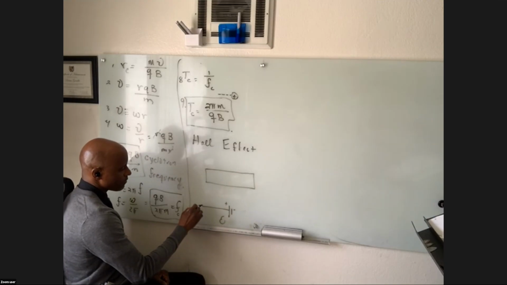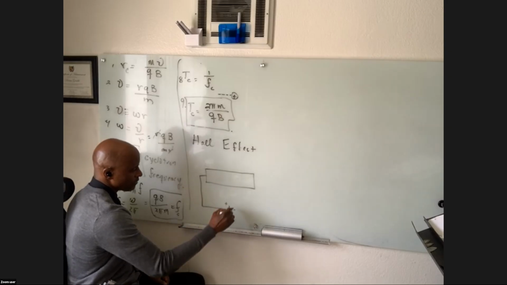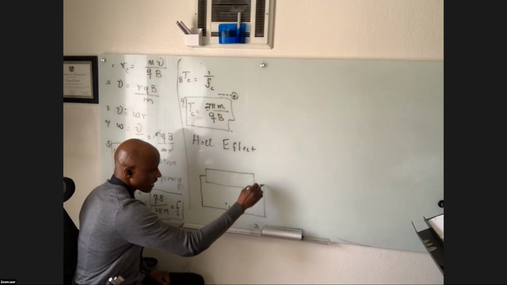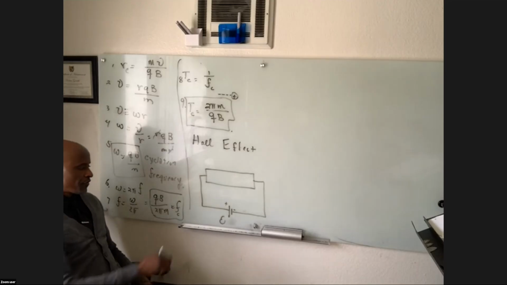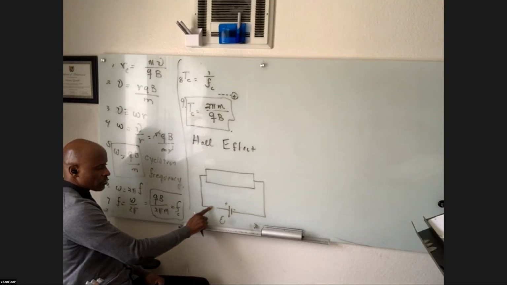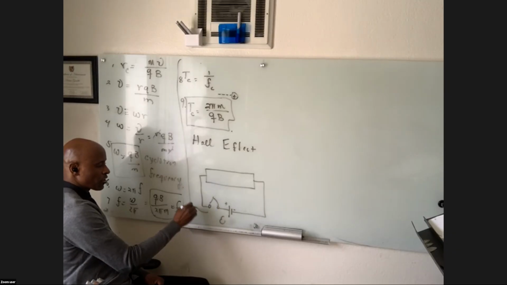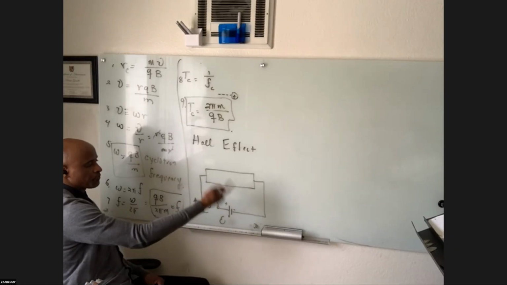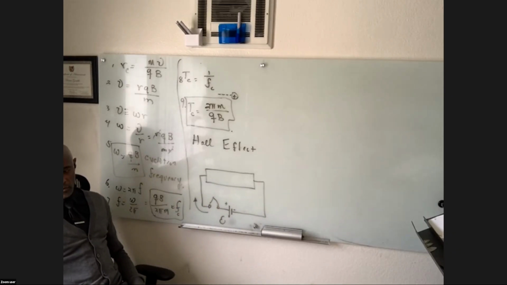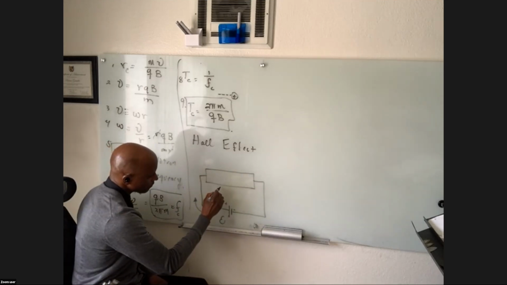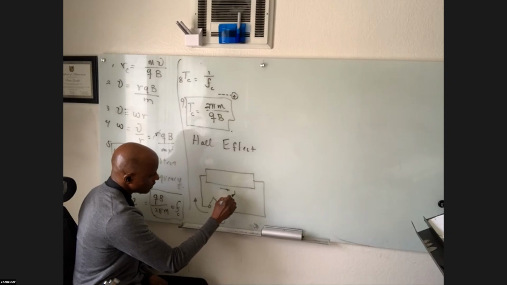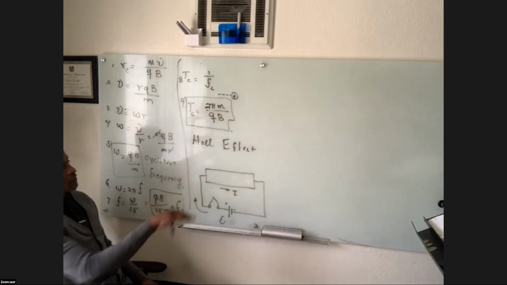I'm going to connect that battery to my piece of metal so that I can cause current to flow through my metal. So when I close the switch, I'm going to cause current to flow in this circuit in the clockwise direction. So current is flowing through this piece of metal from left to right.